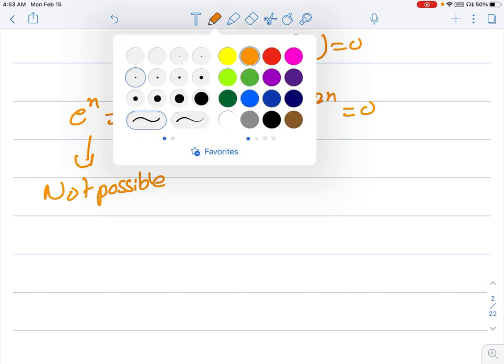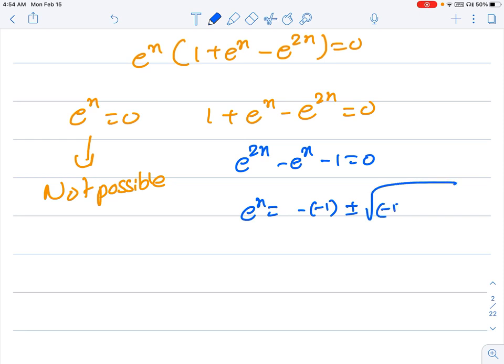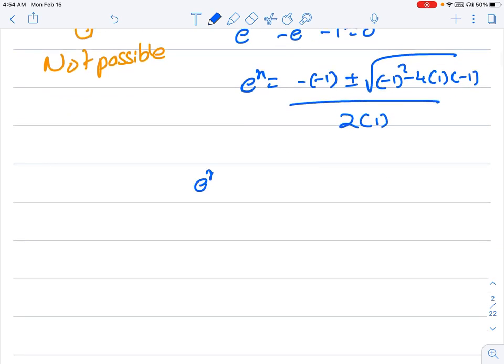So I take this one and write it as a quadratic. e to the power 2x minus e to the power x minus 1 is equal to 0. So e to the power x is equal to minus b plus or minus square root of b squared minus 4ac upon 2a. So I get e to the power x is equal to 1 plus or minus square root of 5 upon 2.